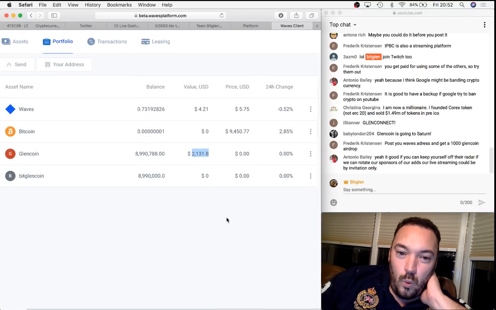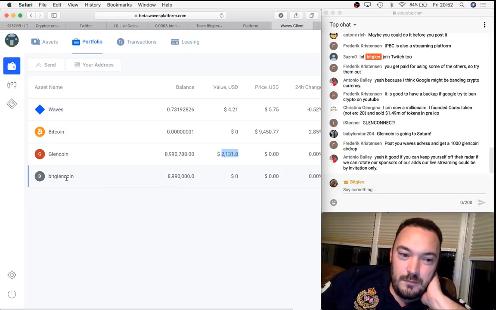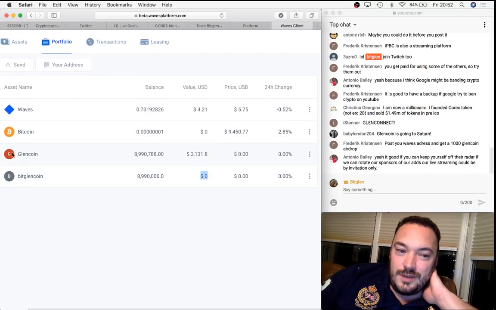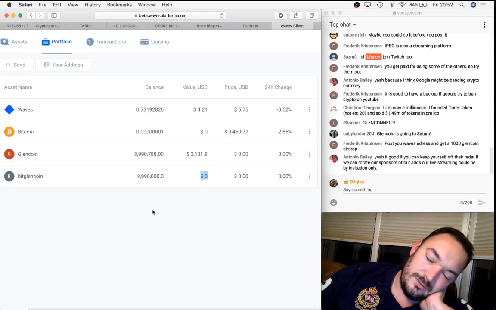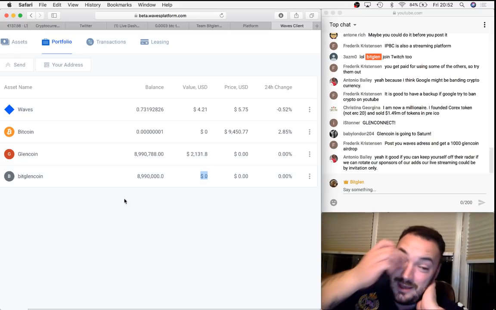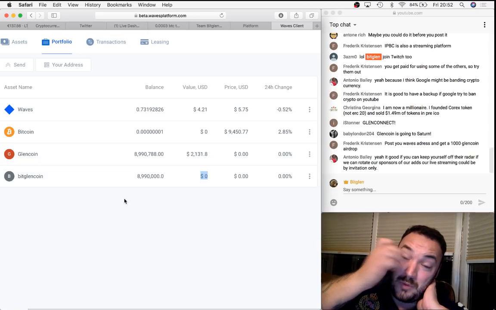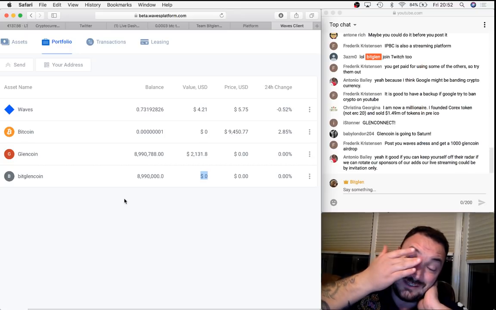$2,131. Bitglen coin is worth 0. If you're wondering, the coin isn't really worth that. Someone bought a coin for 70 cents. Then Wave, they bought one coin. So it was a whole total purchase of 70 cents.